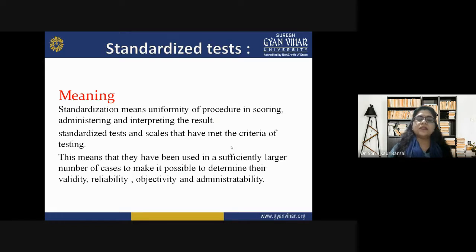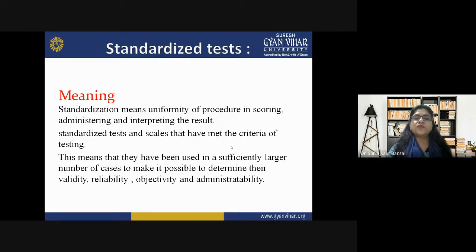So when a teacher or the researcher is using standardized tests and skills that have met the criteria of testing, this means that they have been used in a sufficiently large number of cases to make it possible to determine their validity, reliability, objectivity, and administrability.